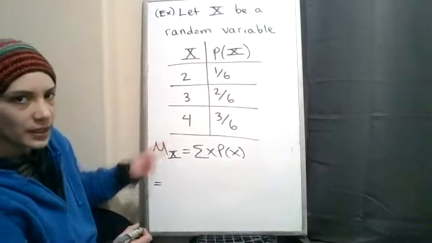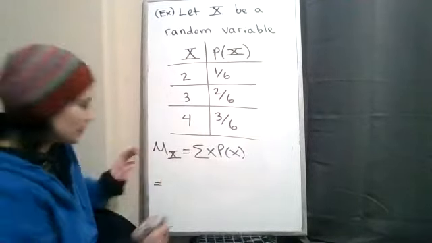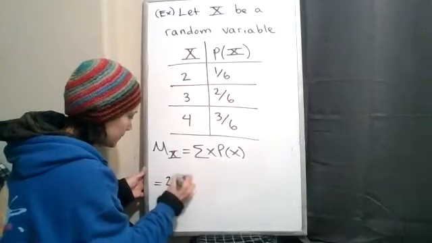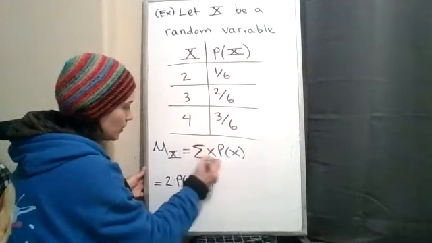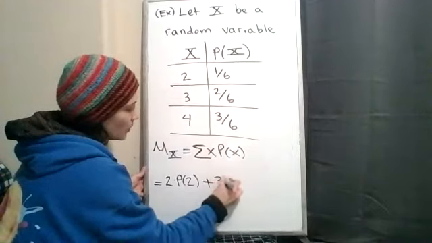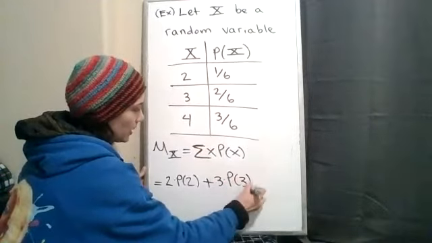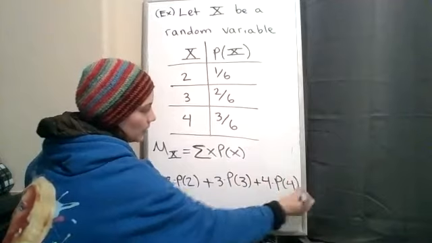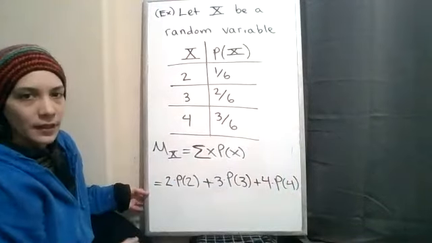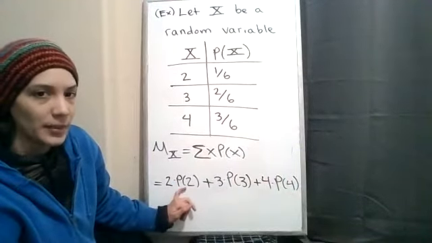I'm going to start with 2 times probability of 2. Add in this part, 3 multiplied with probability for 3. And 4 multiplied probability for 4. Okay, then we plug in the probabilities.